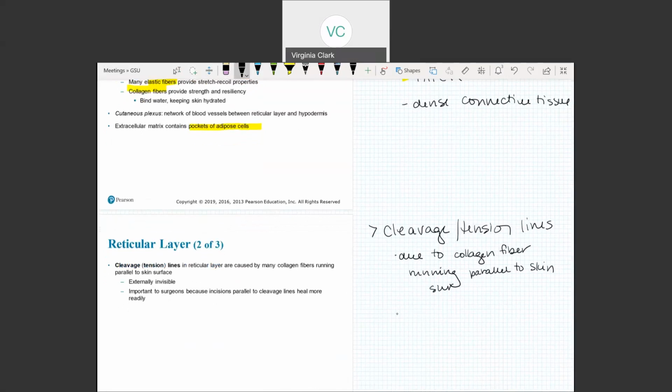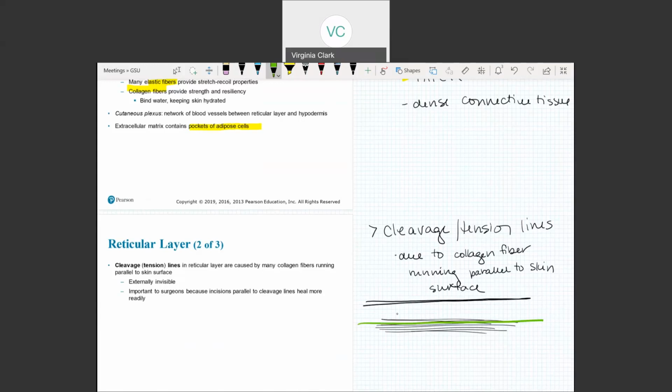So when you have a bunch of underlying fibers running parallel to the surface of the skin, they are externally invisible, but if you were to slice perfectly right down these cleavage lines, you are going to have a very nice clean cut.